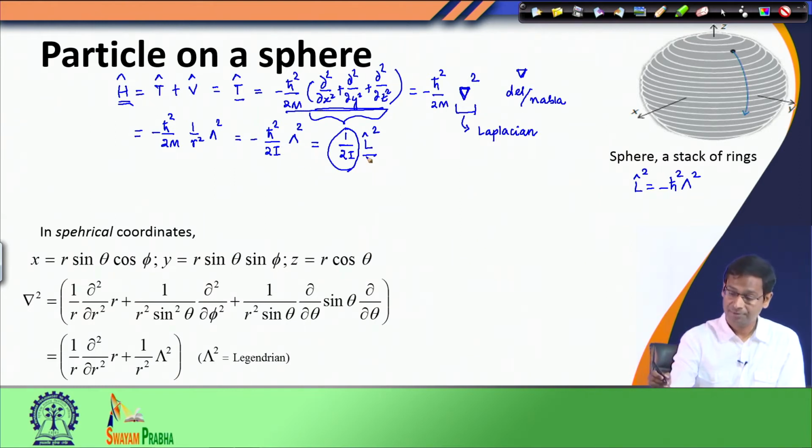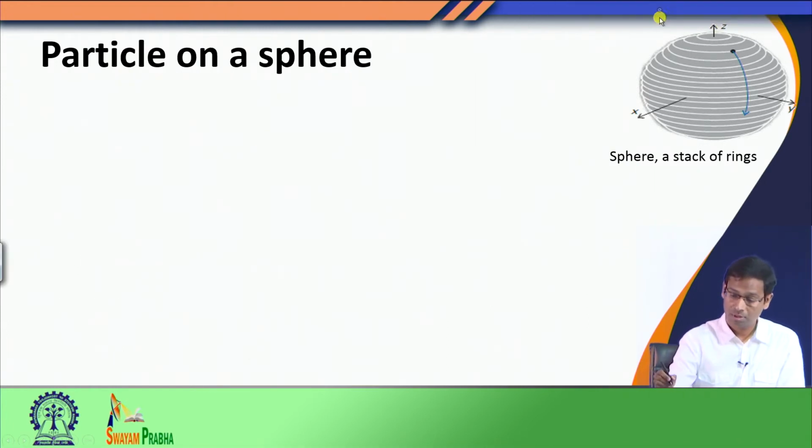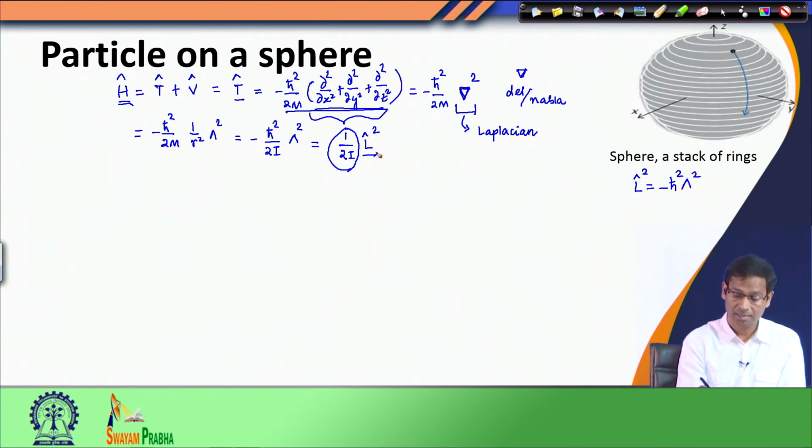What advantage do I have here? The advantage is that I have spent some time discussing the eigenfunctions and eigenvalues of this L square operator. Now the Hamiltonian is simply the L square operator multiplied by a constant, so the eigenfunctions of the L square operator are also going to be the eigenfunctions of the Hamiltonian.